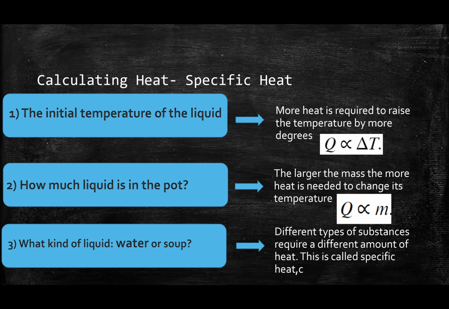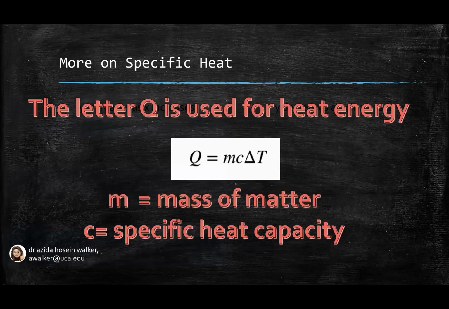Each type of substance can heat up easily or take longer to heat up, and that's just the nature of the molecules in that material. We call that characteristic of a material the specific heat capacity, and that's given by the lowercase c. So when we put it all together, Q, the heat energy, is equal to the mass times the specific heat capacity of the substance times the change in temperature.